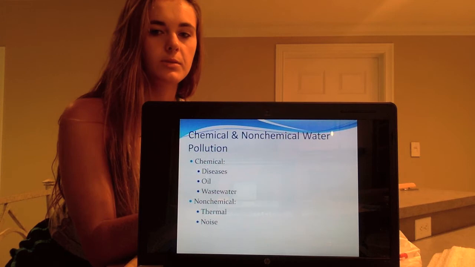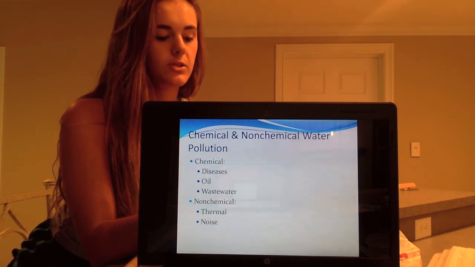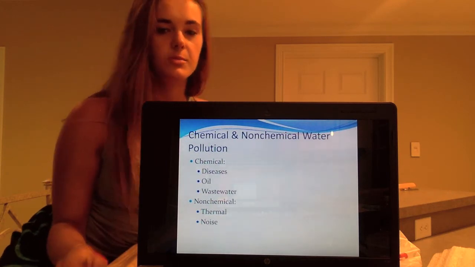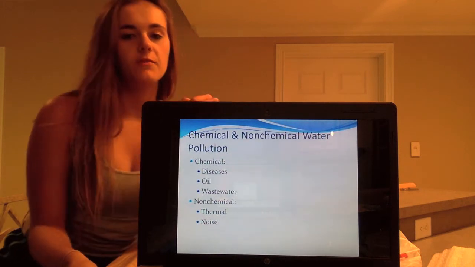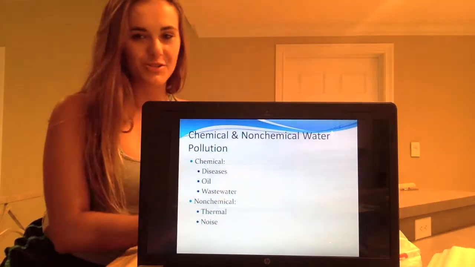The non-chemical pollutants include thermal pollution, which is human-induced and causes changes in water temperature, which can kill many species because they're often incapable of adapting to differences in water temperature.